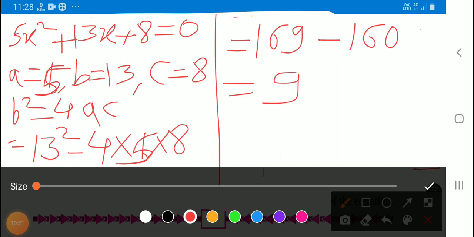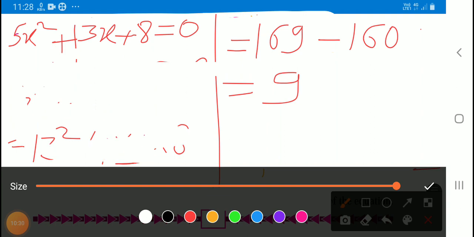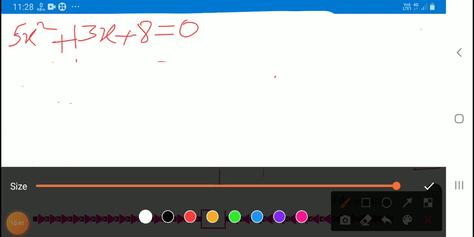Now I will write the formula. So I will rub this example. Just I will keep the a, b, c values because sometimes I can forget this, and if the values will be wrong, then our example it will come wrong.